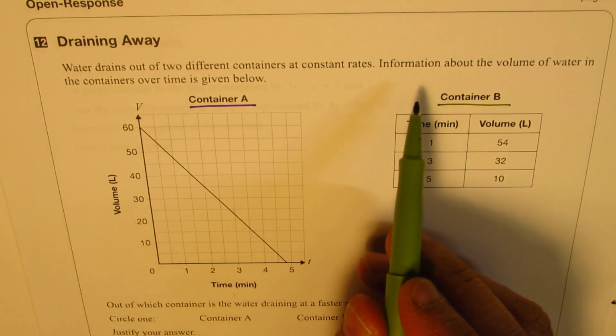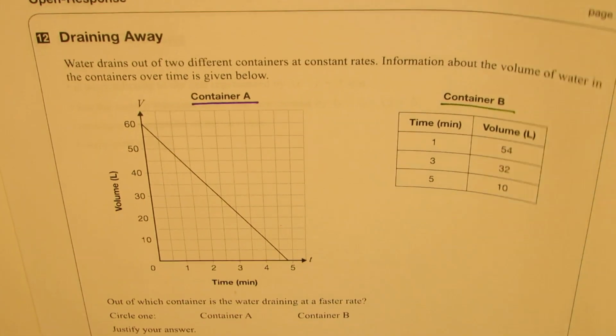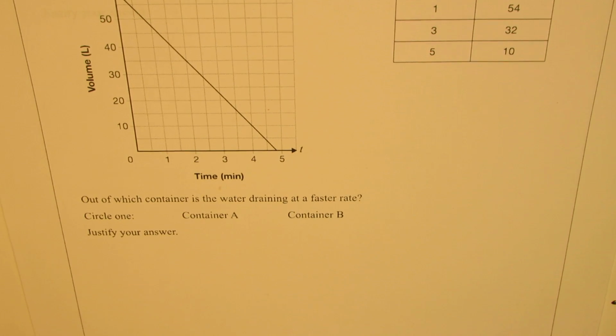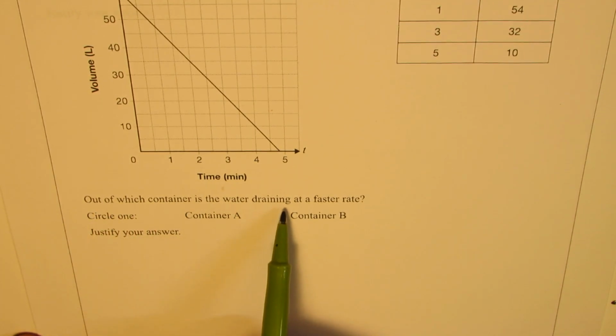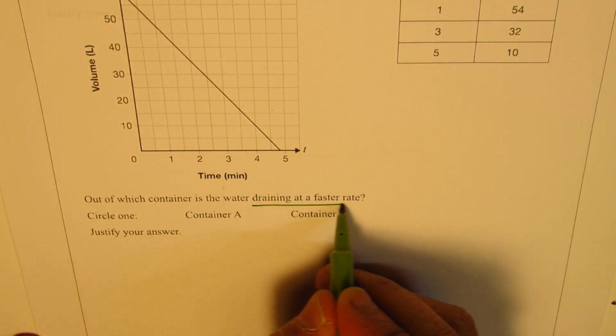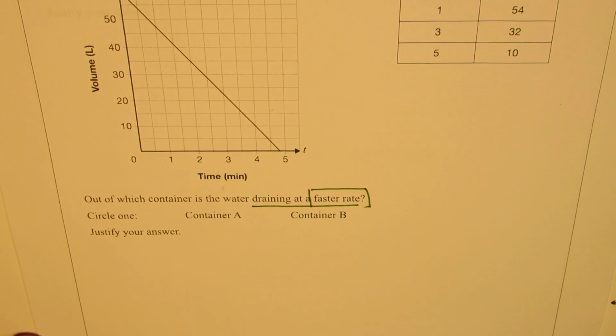Now, we need to figure out the draining rate, right? Let's read further. What does the question say? It says, out of which container is the water draining at a faster rate? So we're looking for faster rate, right? So steeper, that is what. Circle the one, justify your answer.